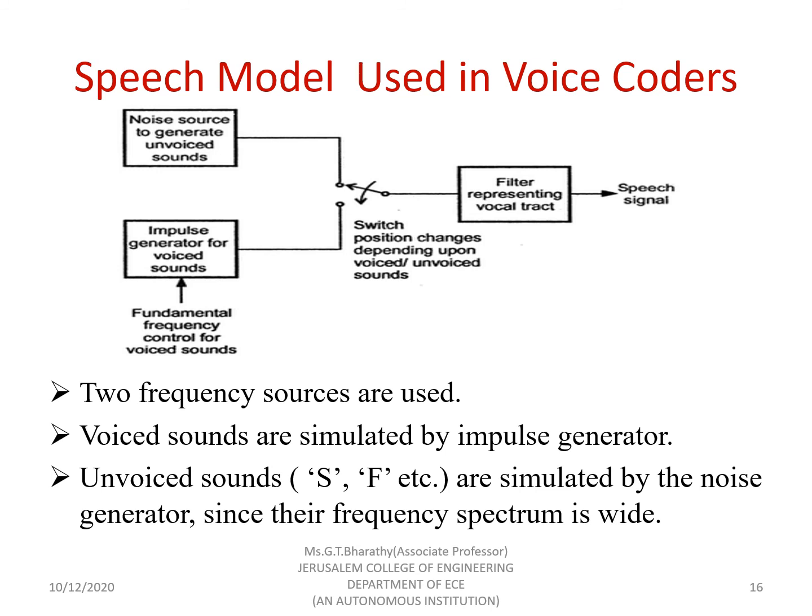You know that whenever we say certain letters or words, we have high frequency coming into the picture, like S, F. They are called unvoiced sounds, and all others we call voiced sounds. The impulse generator is used for generating the voiced sound, and since unvoiced sound is going to be a very high frequency with wide range, it is generated by using a noise source.